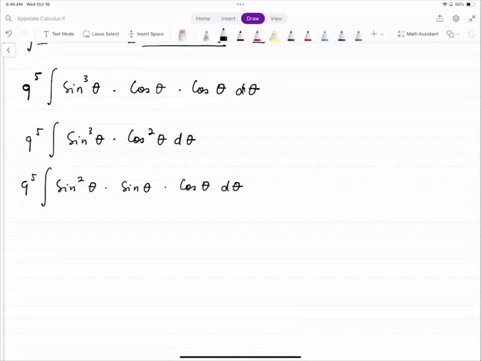And so when we do that, we can use u-substitution to solve this. Let u be sine theta. If u is sine theta, what is du? What is du? Mina, what is du?